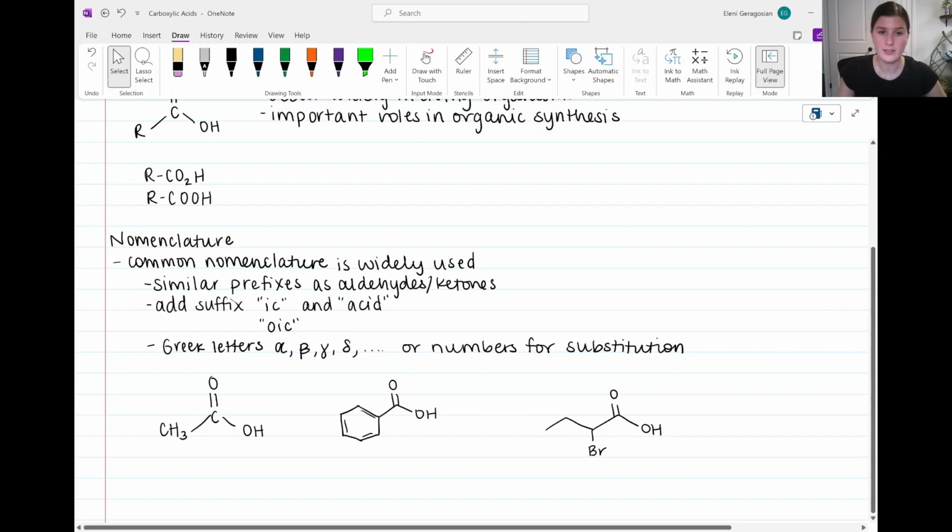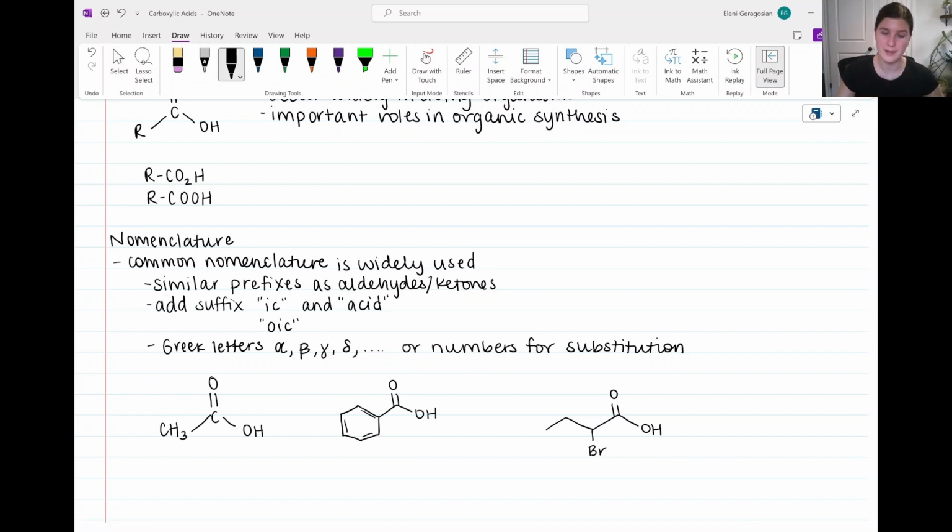All right, 3 molecules here. Our first molecule, we have a methyl group bonded to a carbonyl, and that was that acetyl name. That's in our aldehyde and ketone nomenclature notes. And then we have a carboxylic acid functional group. So the name of this molecule is acetic acid.